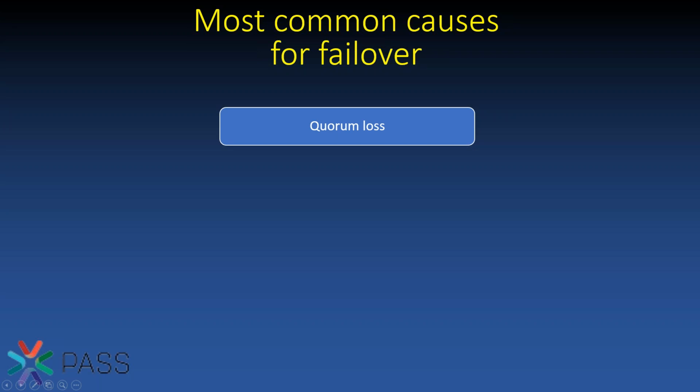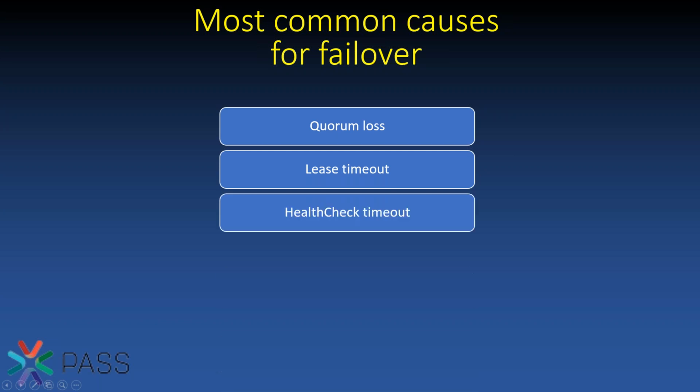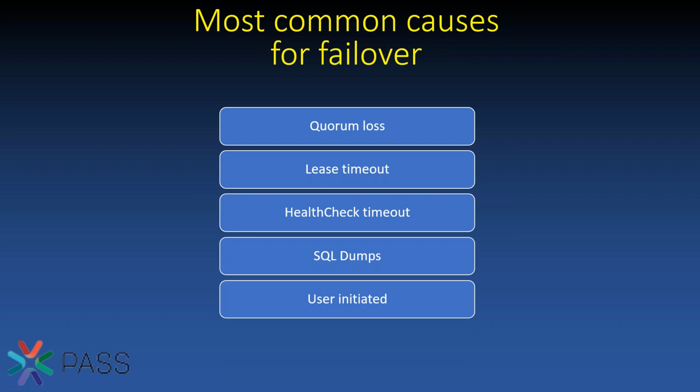These are the most common causes: quorum loss in the cluster, a lease timeout, and we're going to go over all of these, so making sure you understand what they are. A health check timeout, SQL dumps, and user initiated. We don't want to forget that one as well. Sometimes everything was just fine with the system, but somebody failed it over and doesn't want to admit it.